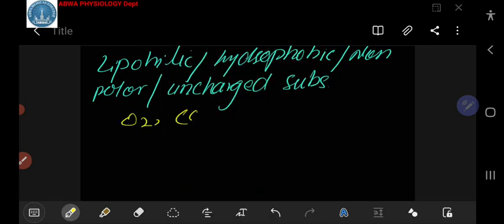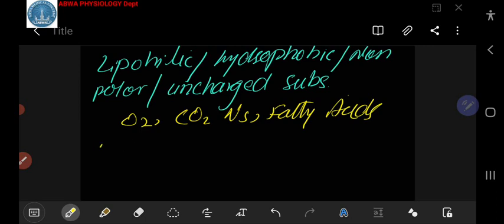carbon dioxide, nitrogen, fatty acids, alcohol, steroid hormones.